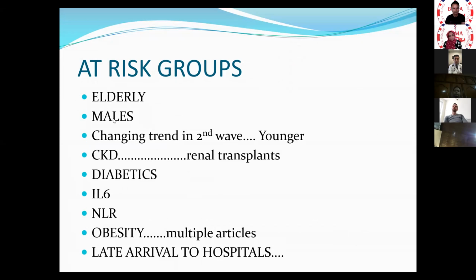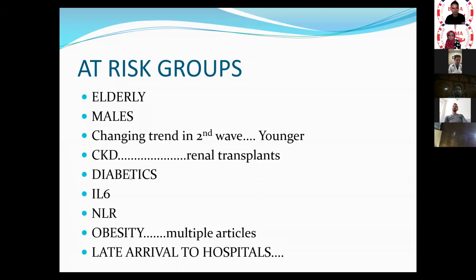Elderly and males, as well as CKD patients, especially the renal transplants, had a lot of mortality. Diabetics and obese. There are multiple articles in the literature now, especially in the Lancet last week, showing that obesity is becoming a single important factor for mortality irrespective of age.